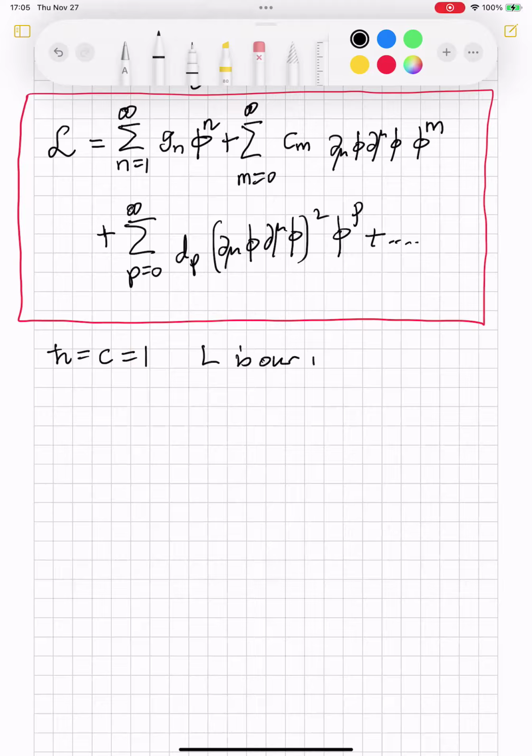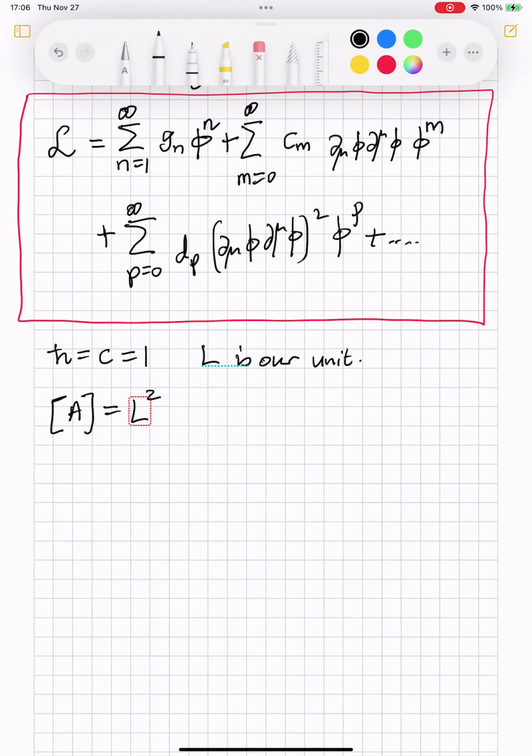So lengths and times are measured using L, and energies and momenta are measured using inverse L. Good. So let's imagine that we have an area. The area A has the dimension of L squared.